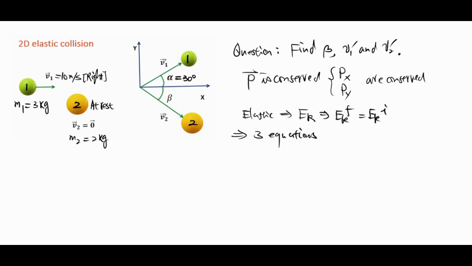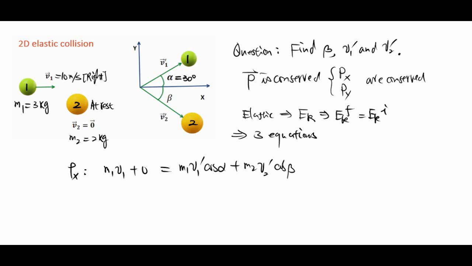So let's write down these equations. As the x component of momentum is conserved, we can write down M1 V1 plus 0, because ball 2 is at rest at the beginning. And then the x components of ball 1 and ball 2 are M1 V1 prime, we use the cosine ratio, and then plus M2 V2 prime times cosine beta.